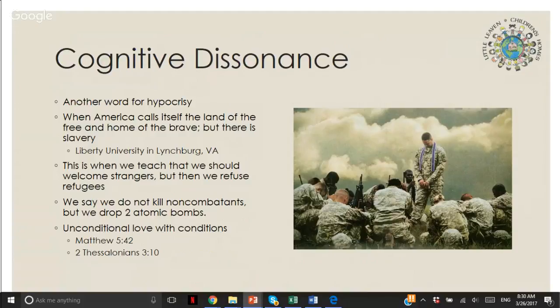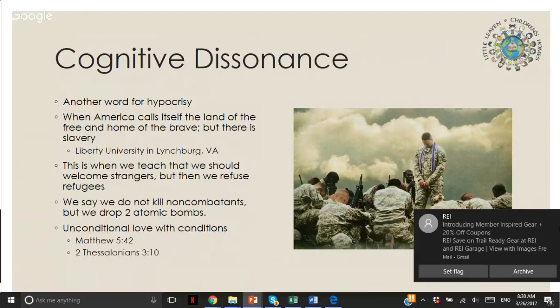Well, that's cognitive dissonance, because you're teaching one thing in your church, but then you're actually doing something else. Somehow they're finding a place in their mind where it's okay to treat a Latin American differently. The two cannot really coexist, but somehow they justify it.